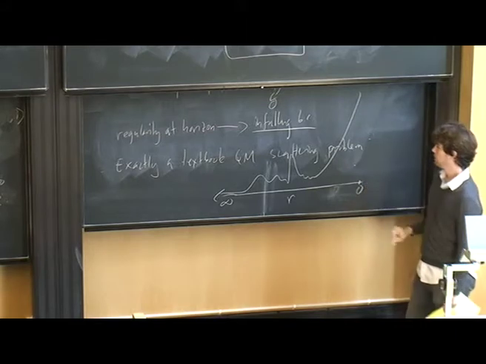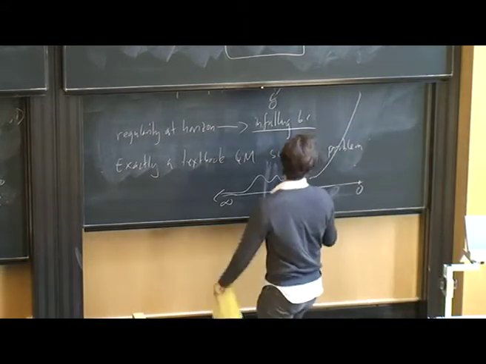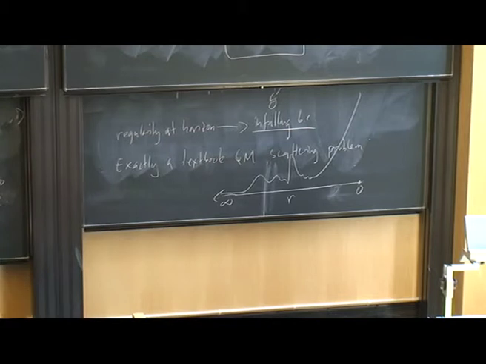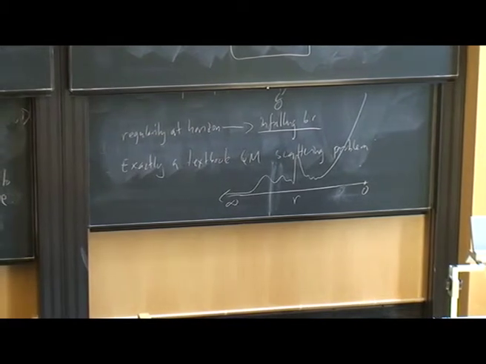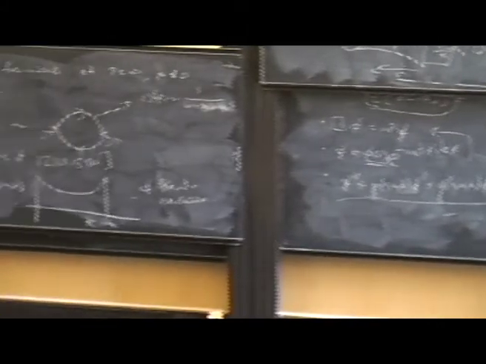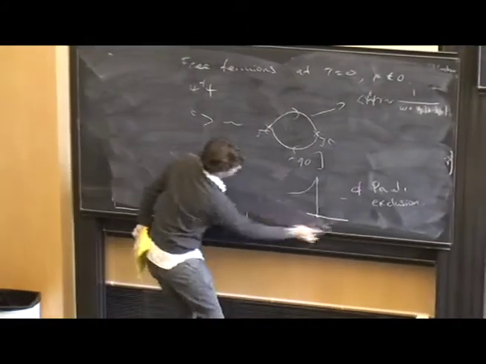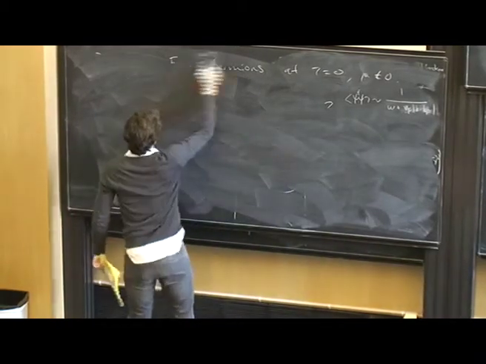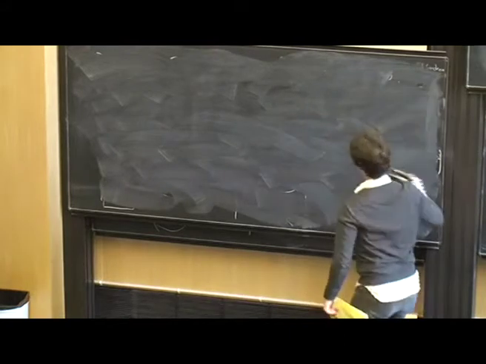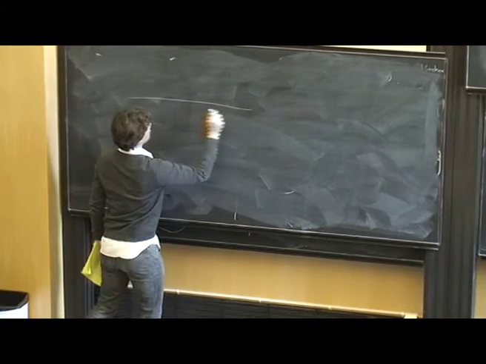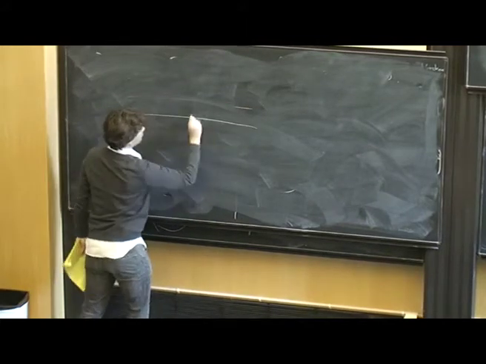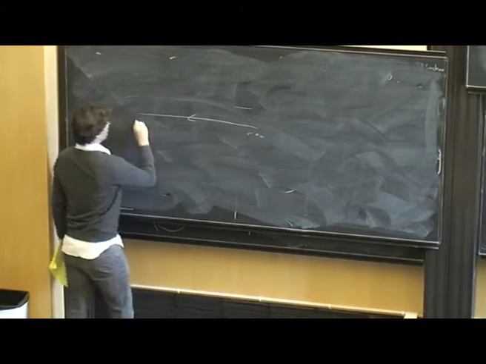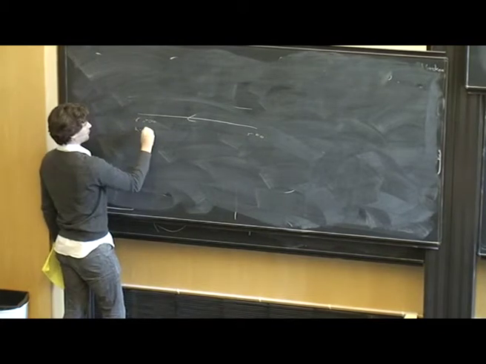Let me go over here. So what you end up solving is a quantum mechanics problem with some potential. This is r equals 0, r equals infinity, so this is the horizon.